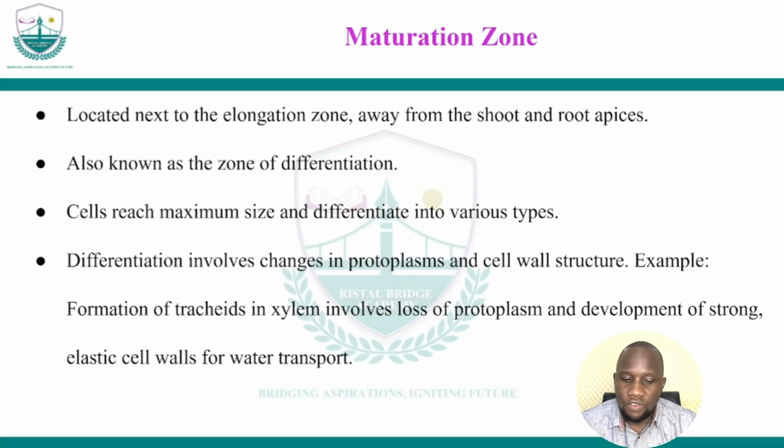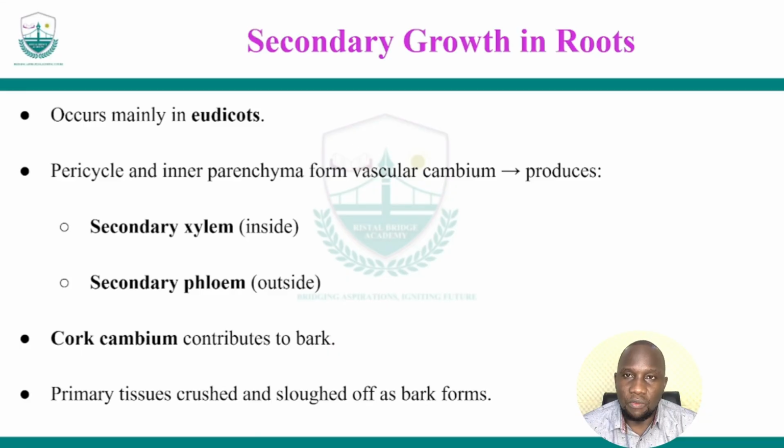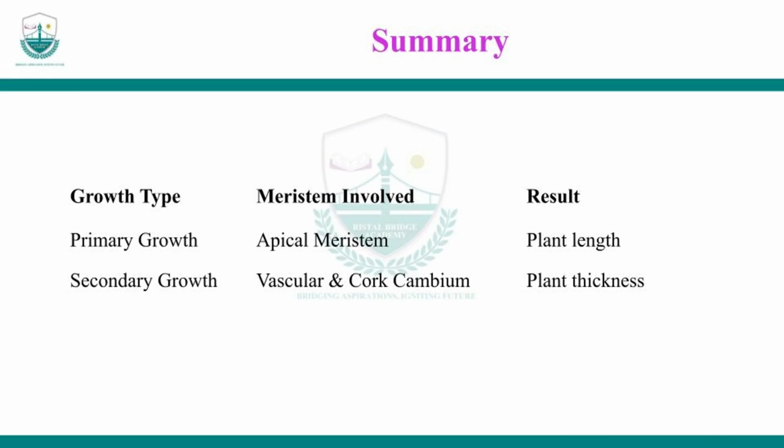So the modification that we're talking about here is the losing of the protoplasm, and then also development of the strong elastic cell walls for transport. Secondary xylem and secondary phloem: the secondary xylem is inside, and the secondary phloem is outside. Okay, the cork cambium is what contributes to the bark. We already know that.